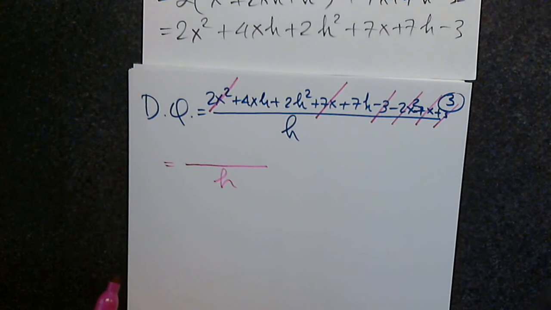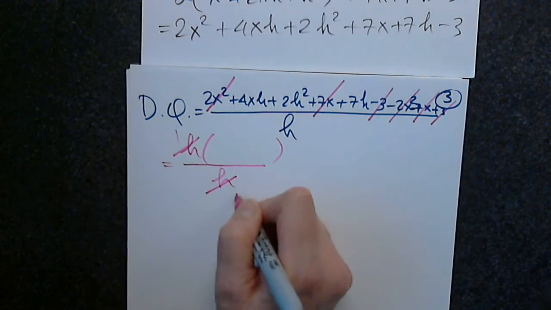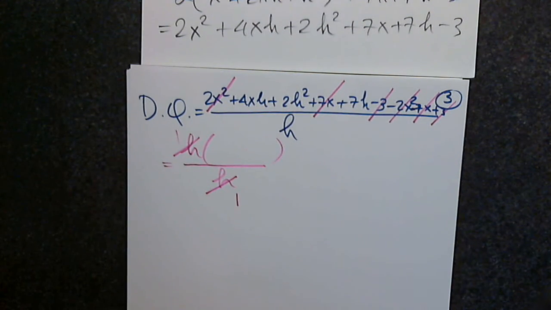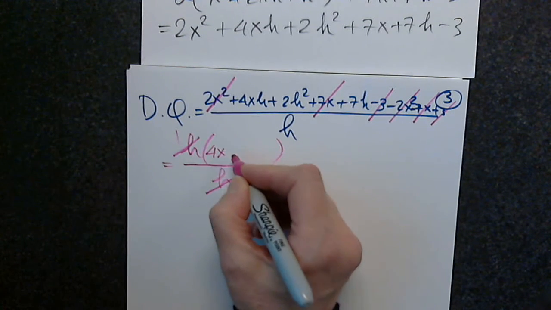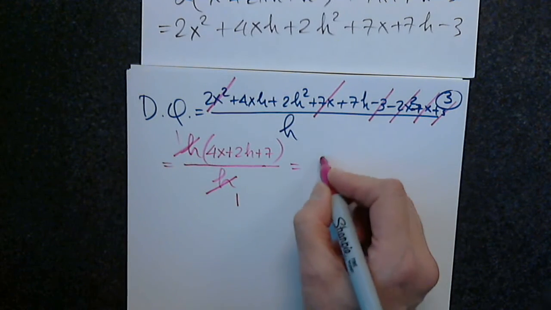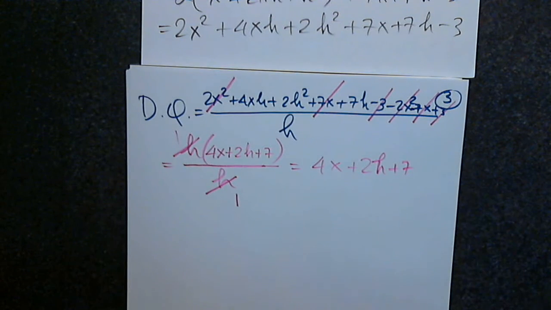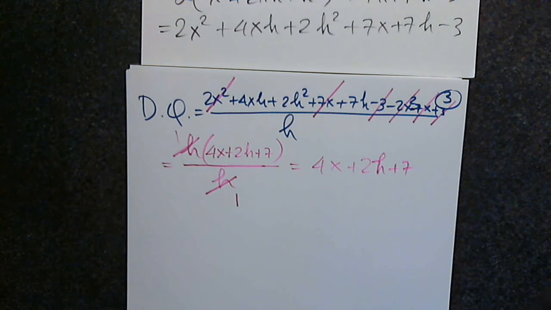They have to have something in common. That's how in the second step, the h from the denominator gets simplified. So we have a 4x plus a 2h and plus 7. And you can say, what is this? And I will say, this is the rate of change of this function between any two points.